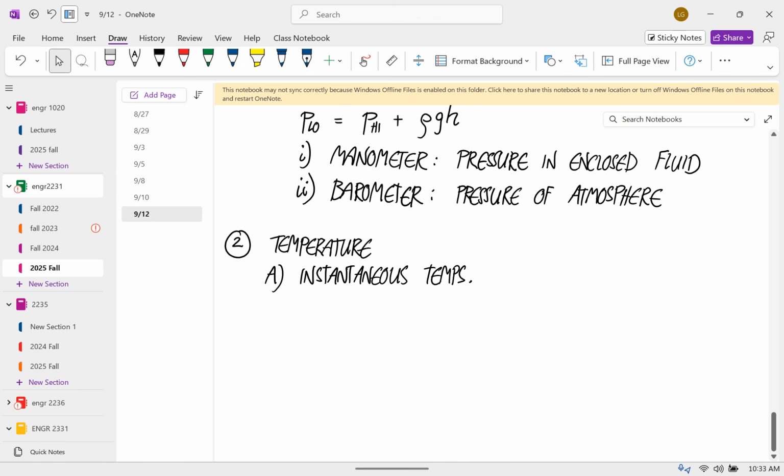And we had the relationships: the temperature in Fahrenheit is equal to 9/5 times the temperature in Celsius plus 32.